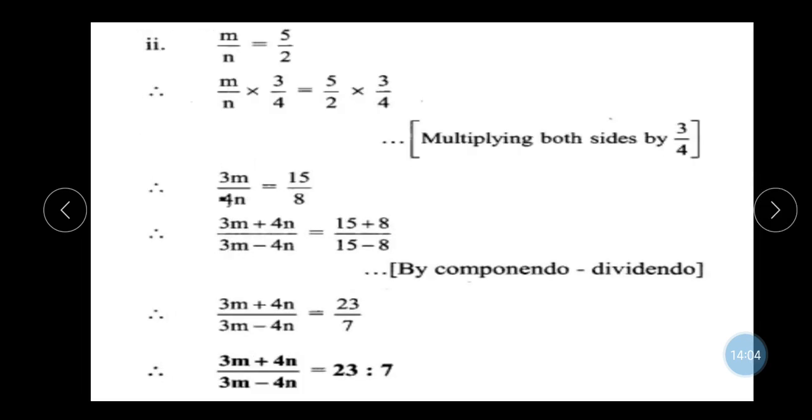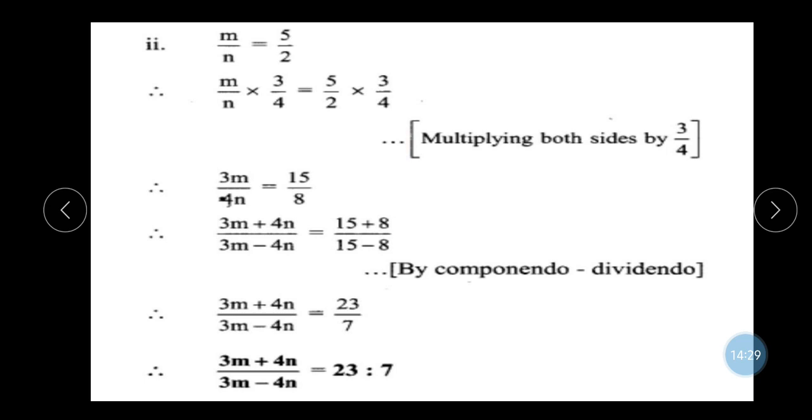Next question, the question was (3m plus 4n) upon (3m minus 4n). So our m upon n is equal to 5 upon 2, multiplying both sides by 3 upon 4 as it is in the question. So m upon n into 3 upon 4 is equal to 5 upon 2 into 3 upon 4.